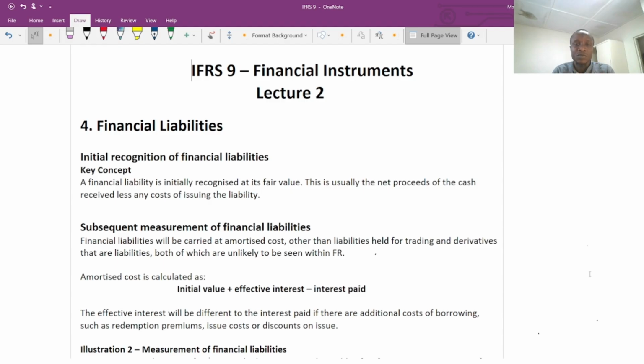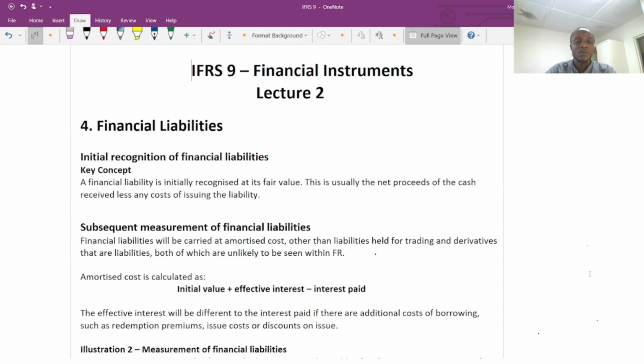For a transaction to be a financial instrument, there must be a financial asset of one entity and a financial liability of another entity. So basically, that's the definition of financial instruments. I've also covered the key concepts of financial assets. So basically, today we are going to look at the difficult aspects of IFRS 9, which is the financial liability.